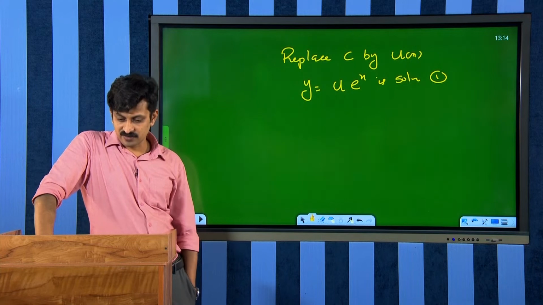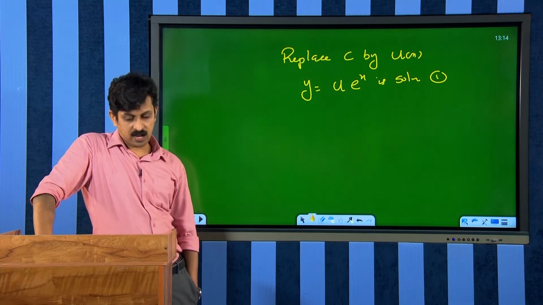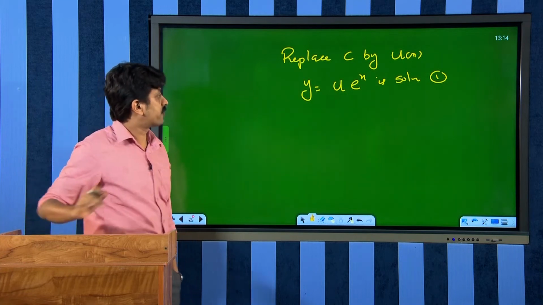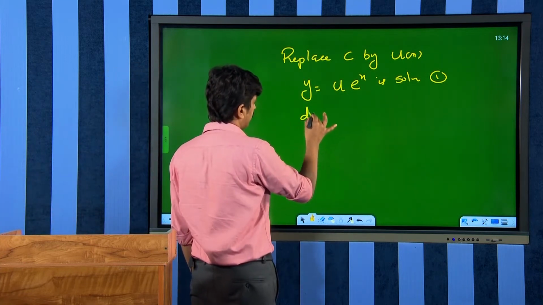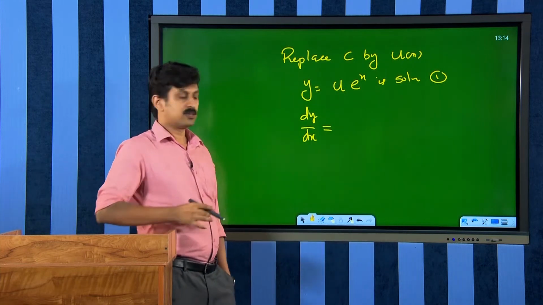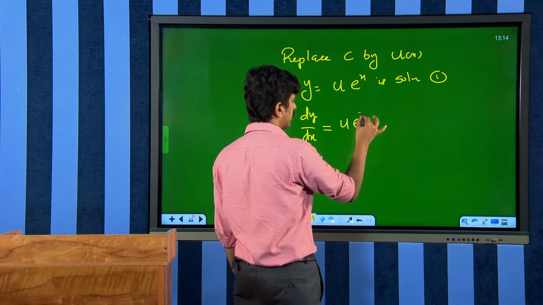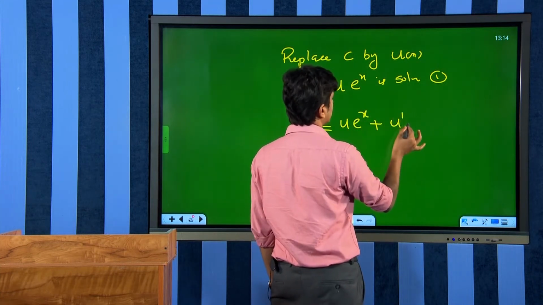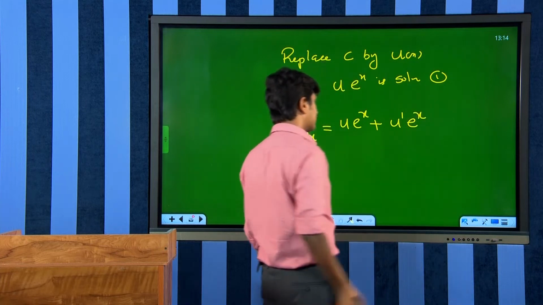Differentiating, we have dy/dx is equal to u into derivative of e raised to x, that is e raised to x, plus u dash, du/dx, into e raised to x.